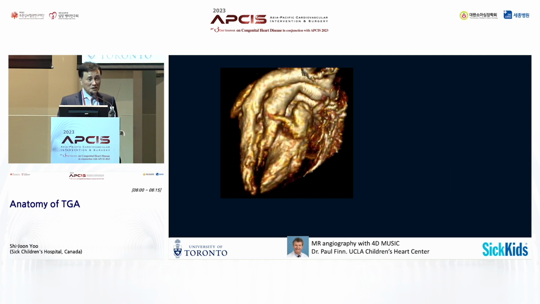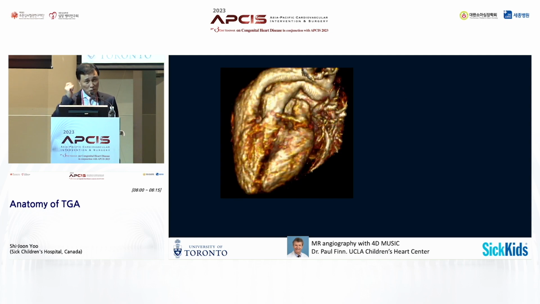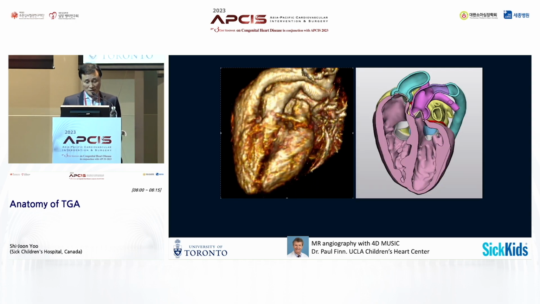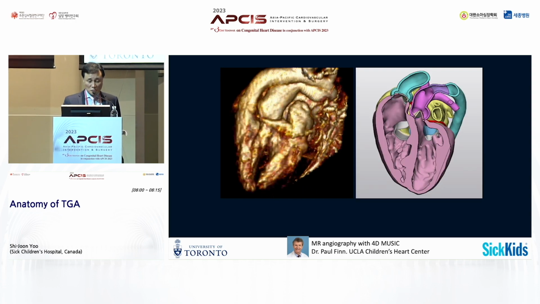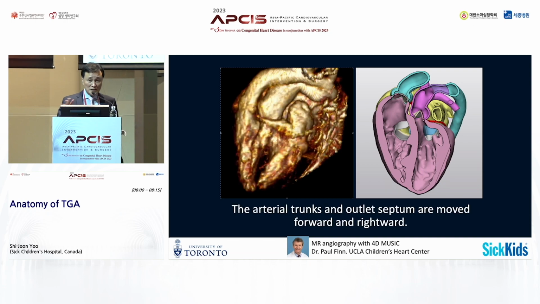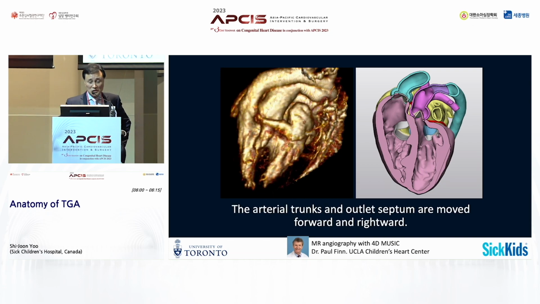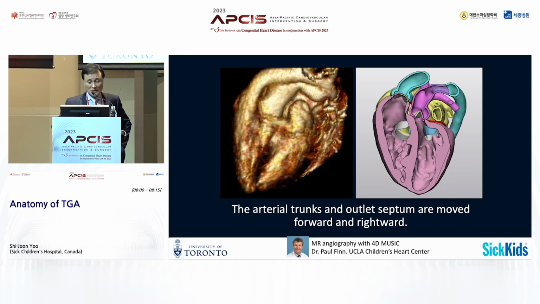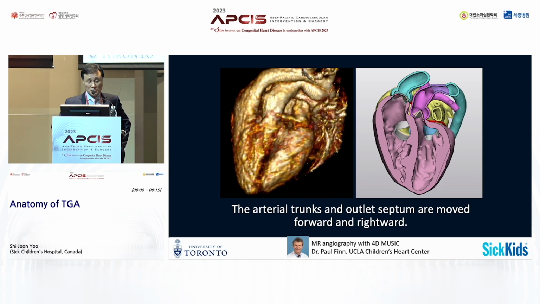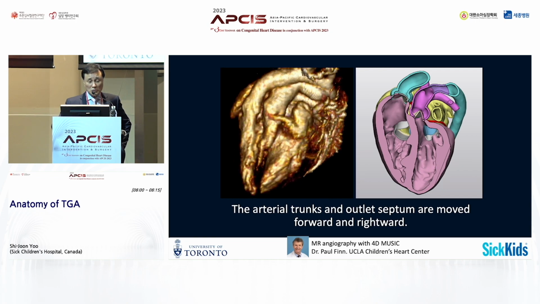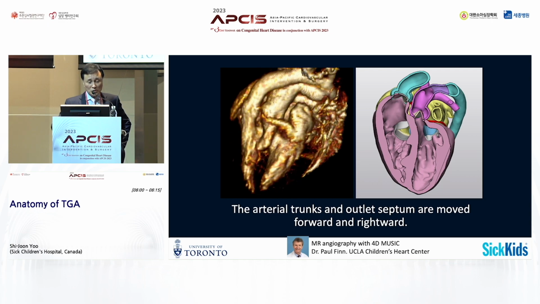However, malalignment does not just stop there. So this is a beautiful 4D angiogram. I had an opportunity to work with Paul Finn for a while last year using the image data. What you see in long axial oblique is the right ventricle, left ventricle, and the outlet septum here, the subaortic and subpulmonary outflow tracts, pulmonary artery, aorta, and the VSD apparently below the pulmonary valve.